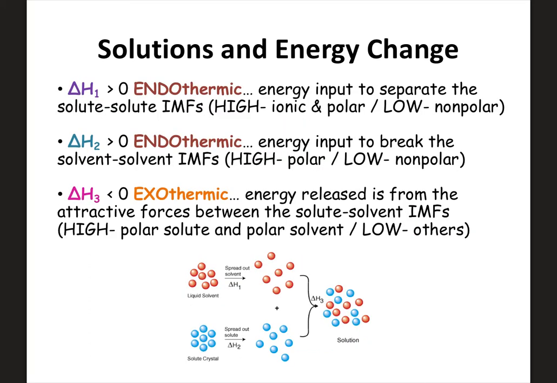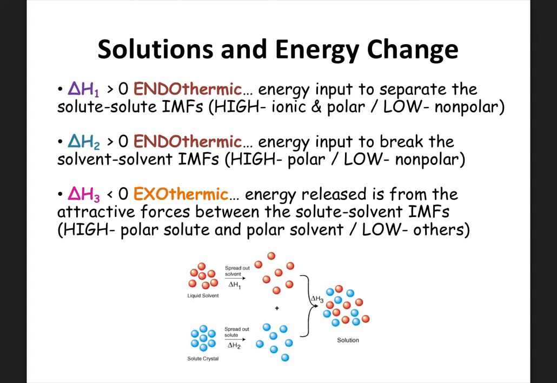Let's look at these delta H's a little bit more. So that first delta H1, expanding the solute, it's always going to be greater than 0. It's always going to be endothermic, which means every time you break IMFs in the solute, it's going to take energy. And that makes complete sense.